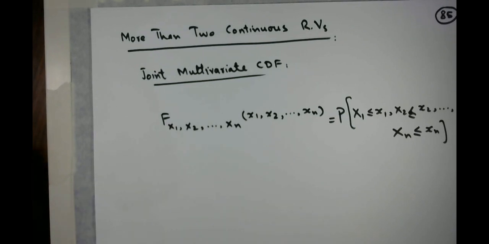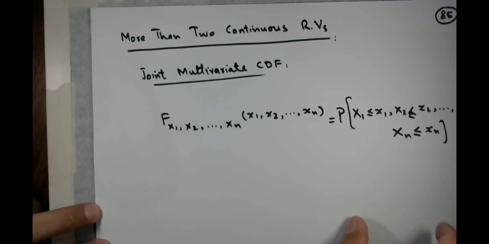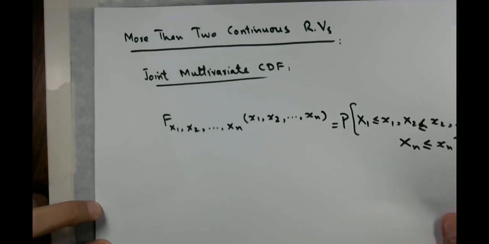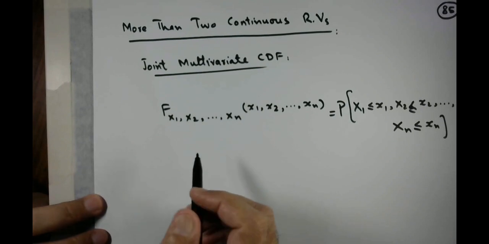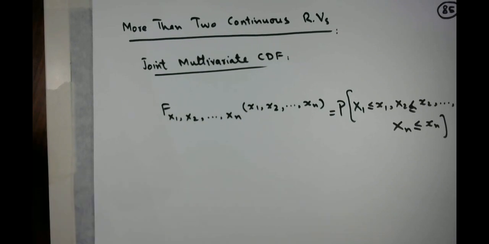How to find the giant PDF then? Giant multivariate PDF from this CDF. You know that the PDF is nothing but the derivative of the CDF.